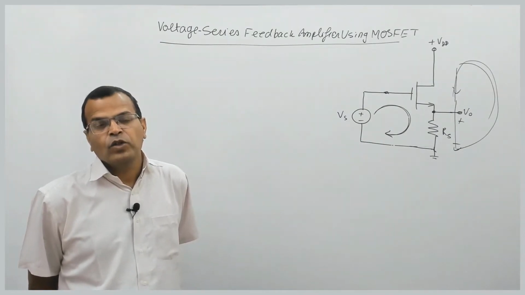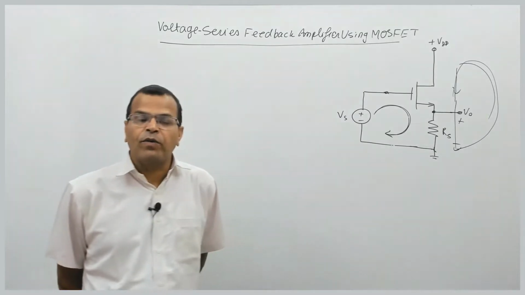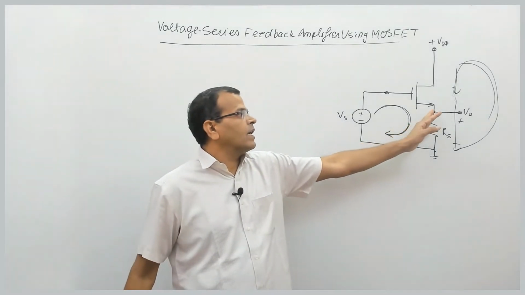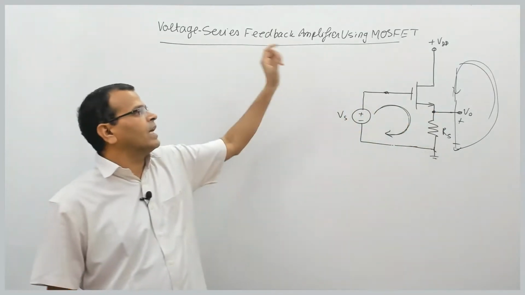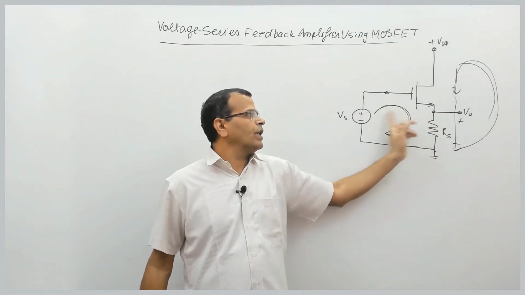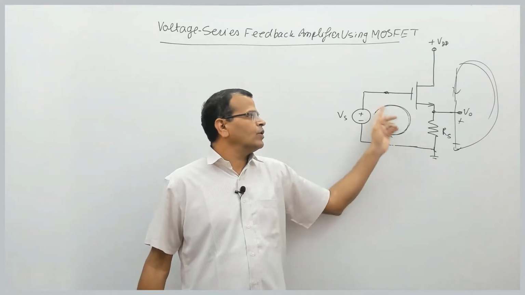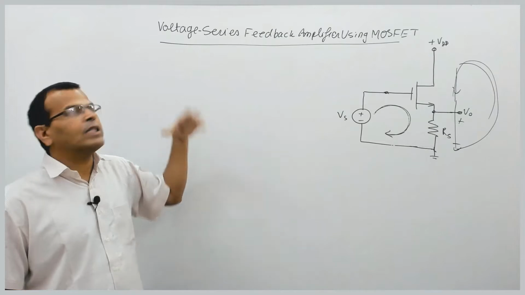So the output voltage is basically mixing with the input supply voltage, so that is series mixing. And since we are taking the output voltage completely into the input circuit, we call that voltage sampling. So we are taking the sample of output voltage which is mixing with the input supply voltage. So voltage sampling, series mixing.